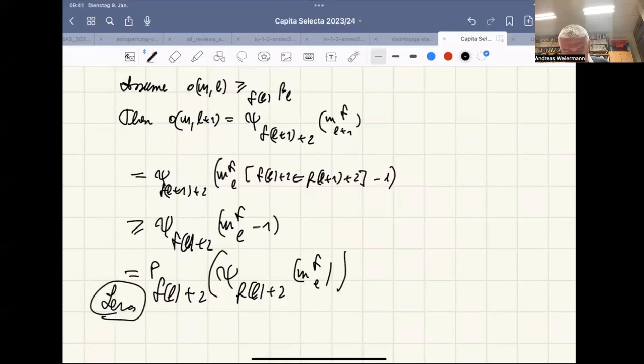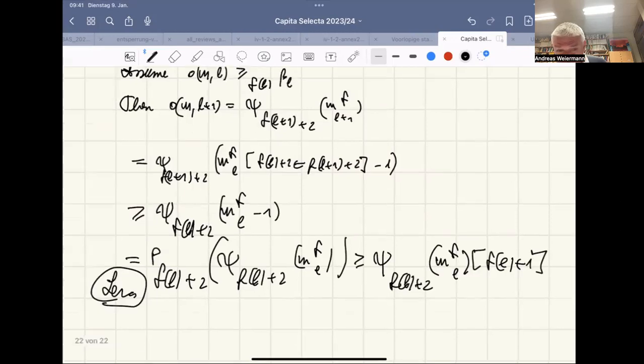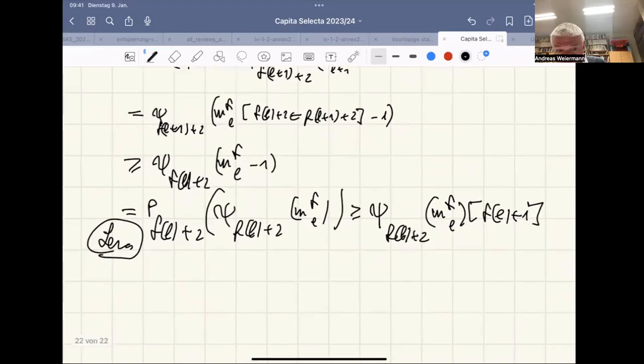If this is going to be true, then this is at least as big as the lemma which we have seen. Psi of f of L plus 2 of MFL of f of L plus 1. And this is O of ML.